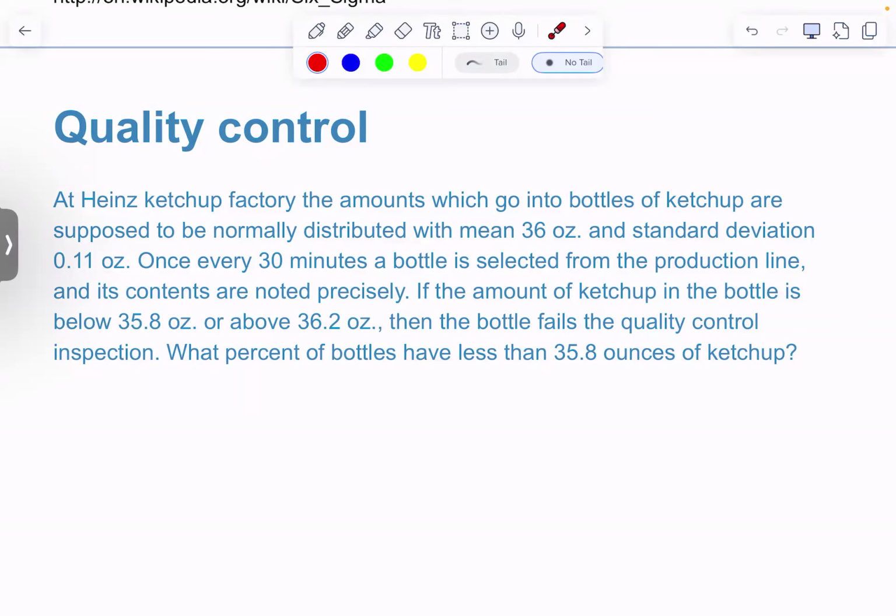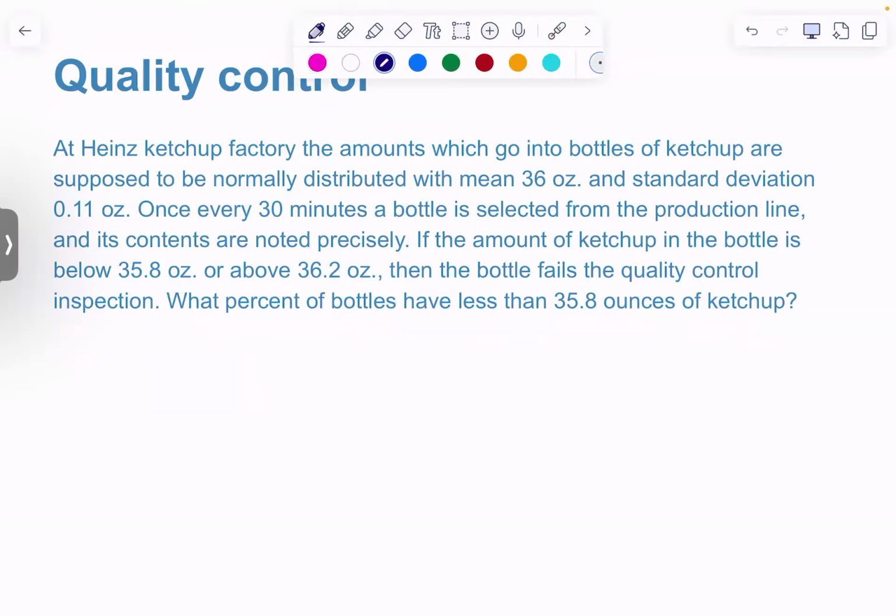And so what can we do with this information? Well, let's go back to the very beginning. The amounts are normally distributed with a mean of 36 and a standard deviation of 0.11. Okay?